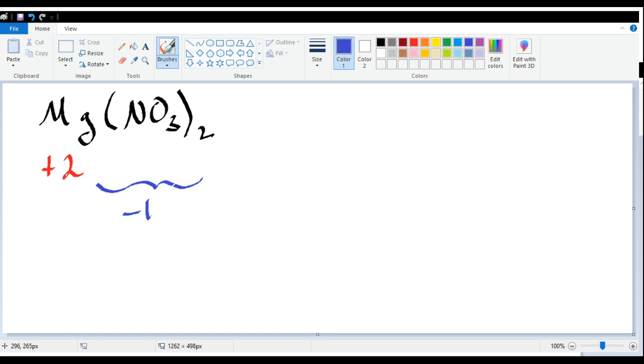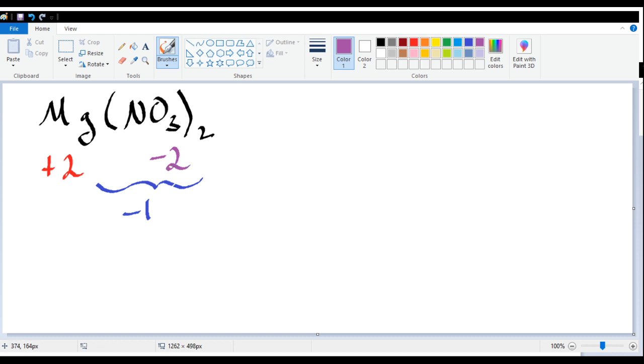So there are two different ways of looking at this one. You could solve the entire thing, trying to add up the magnesium and all the nitrates and both nitrogens and all 6 oxygens and say it all adds up to 0. That'll work just fine. Or you can solve it for the nitrate by itself. I'm going to go ahead and do both. Each oxygen is still going to be negative 2. Okay.